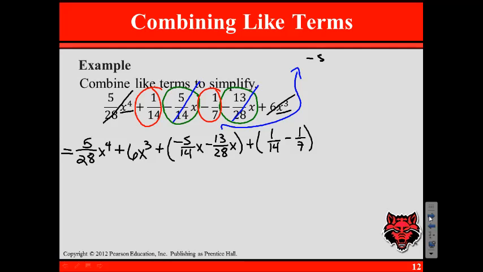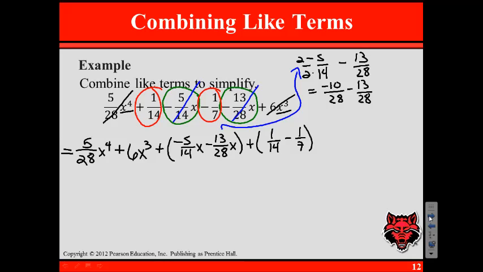We have negative 5 over 14 minus 13 over 28. The least common denominator between these two numbers will be 28. So we need to multiply the first fraction by 2 over 2, which would give us negative 10 over 28 minus 13 over 28.